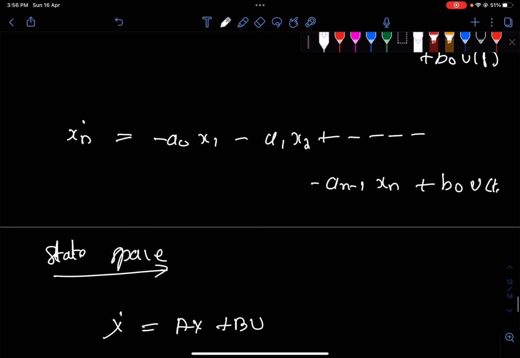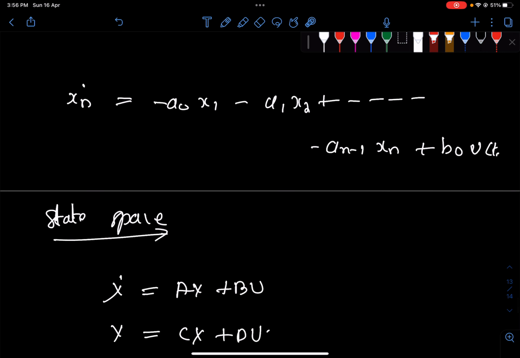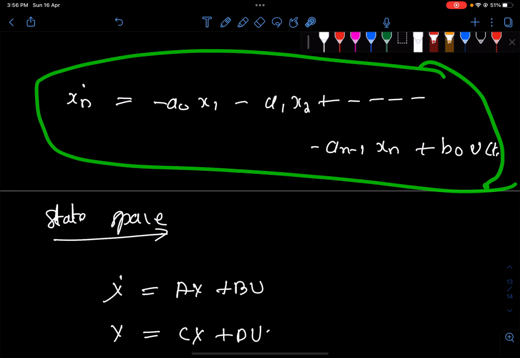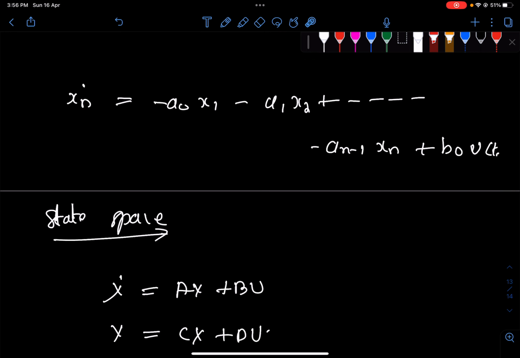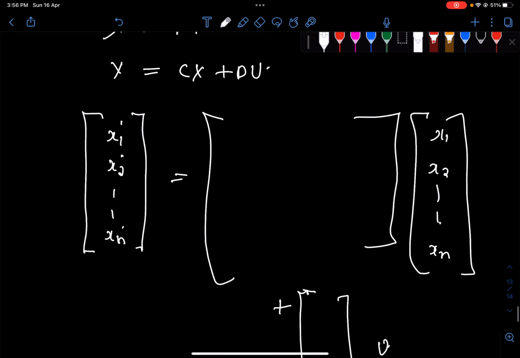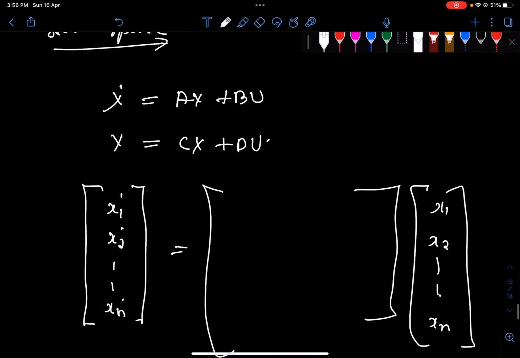So can you conclude from this equation? The last row is xn dot equal to minus a0 x1 minus a1 x2, going up to minus a(n minus 1) xn plus b0 u of t. Or let me ask you, what is xn dot from here?